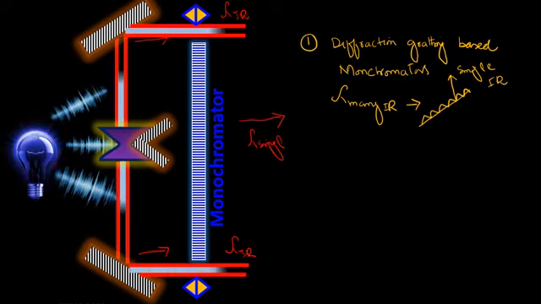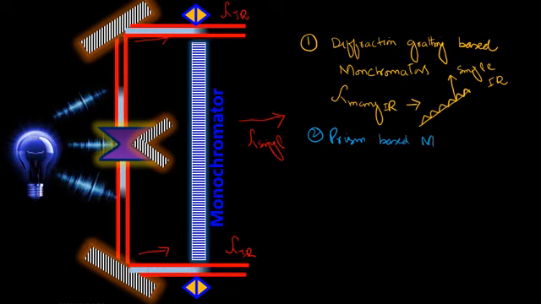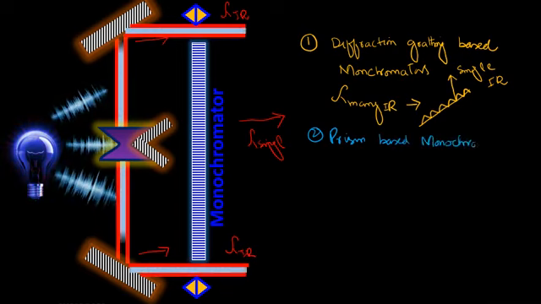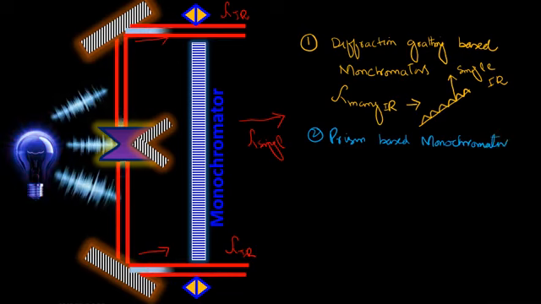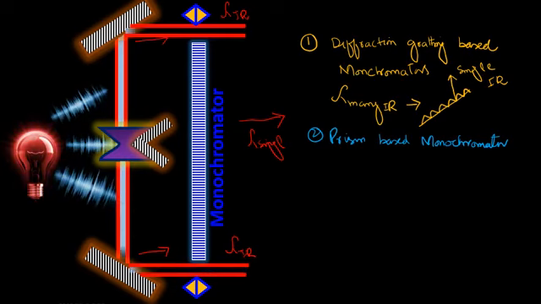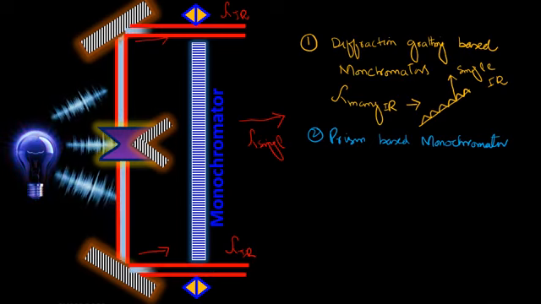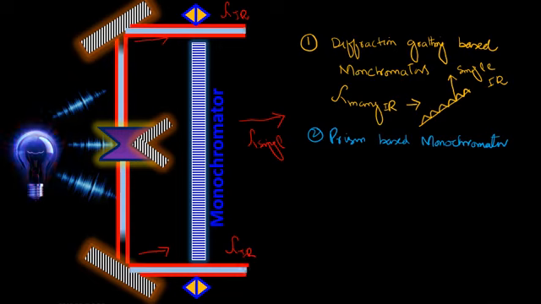The second type of monochromator commonly used in IR spectroscopy is the prism-based monochromator. A prism-based monochromator consists of a prism, so multi-band IR radiation will interact with the prism, and the prism splits it into its components, and at the end, a single wavelength of IR radiation is achieved.